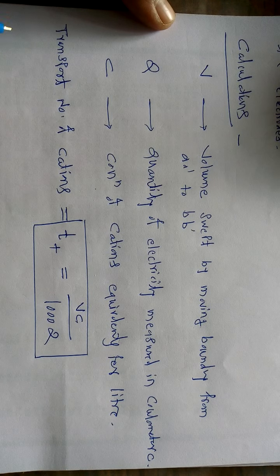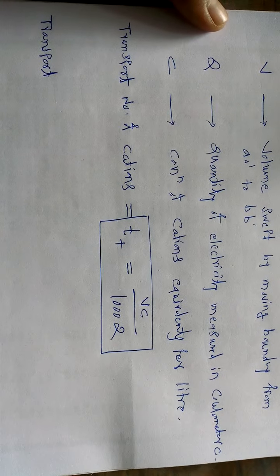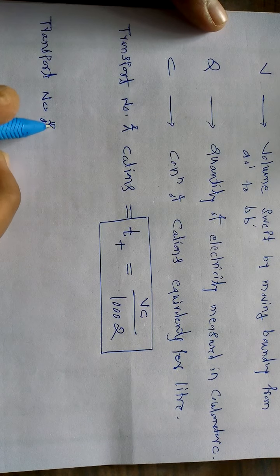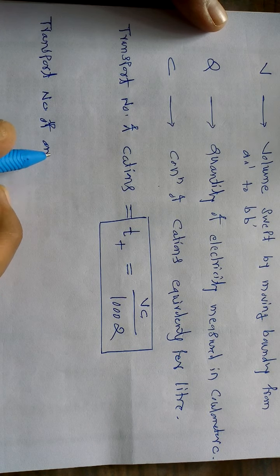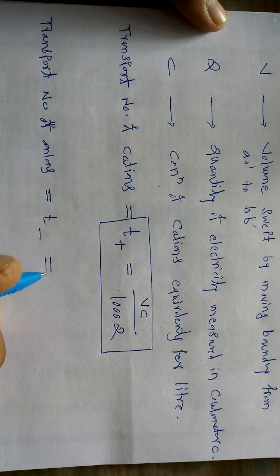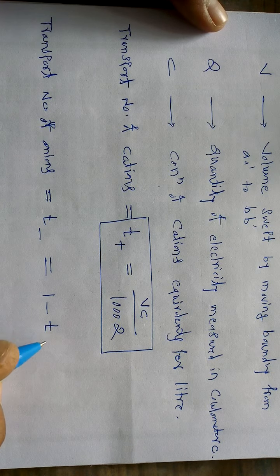From this we may now calculate the transport number of anions, that is T minus. We know very well that we have to take 1 minus the transport number of the cation.